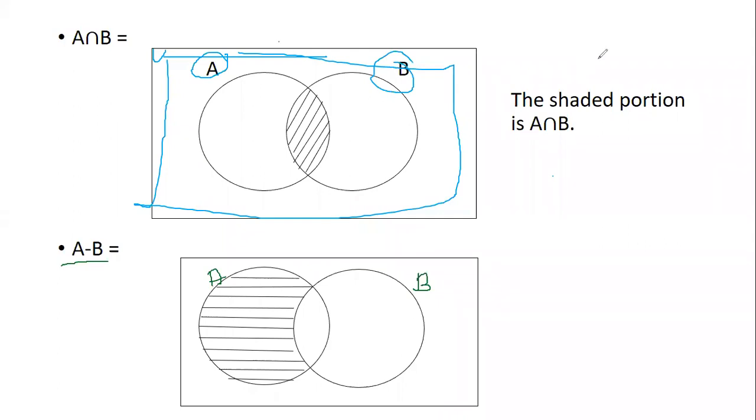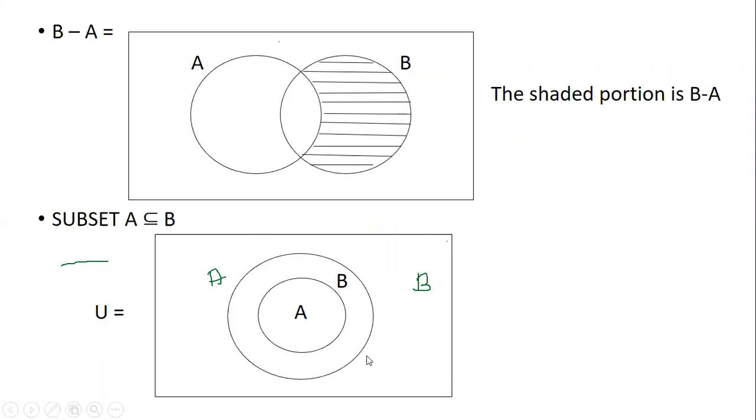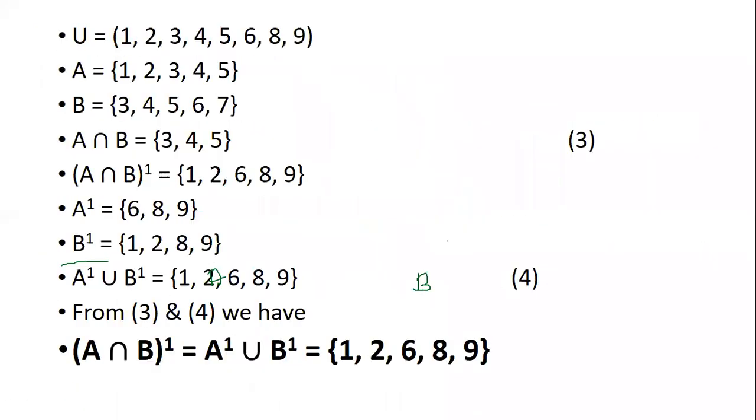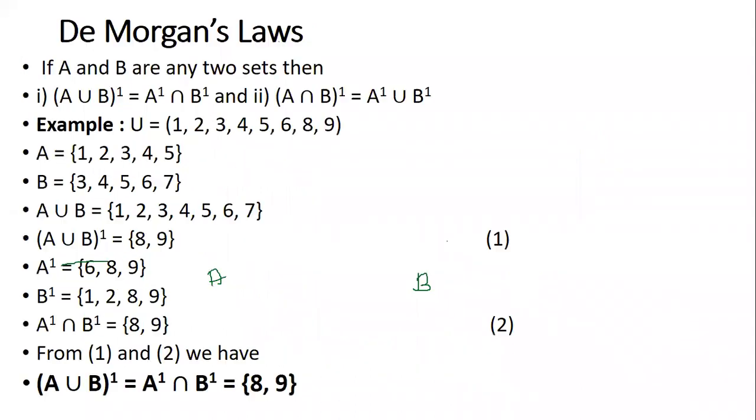Come on, go back and check. People are supposed to know it by now. No, nobody knows it. Elements of A not there in B. Okay, somewhat correct. Yes, Bindu.